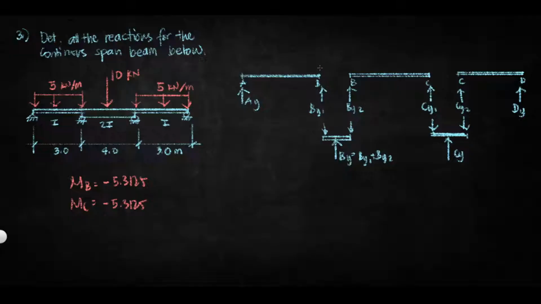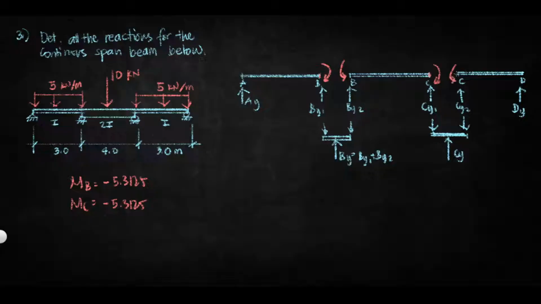So, we have here, considering AB, andito yung point B. Ang MB natin is negative. So, negative means, yan. Then, pagdating naman sa BC, negative means, ang rotation niya is counter clockwise pag BC. And then, pag C naman, dito, MC, ang negative is, yan.